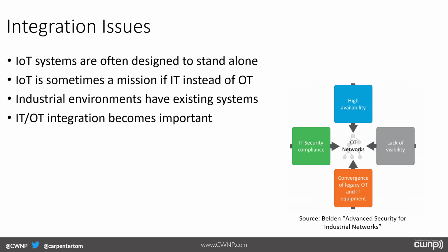According to Belden, which is an organization that's heavily involved in industrial automation, providing both platforms and hardware for it, and their white paper called Advanced Security for Industrial Networks, they talk about the OT network, and when we begin to integrate with IT, some of the things that we have to think about. And that is, the OT network was designed from the ground up for high availability, and many of these were wired, right?